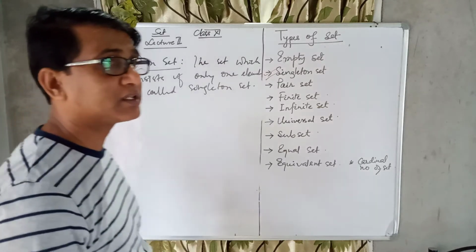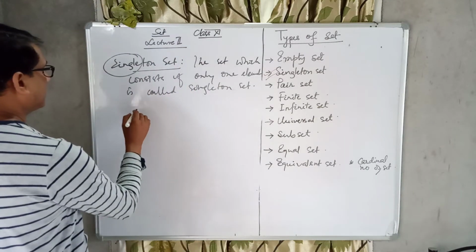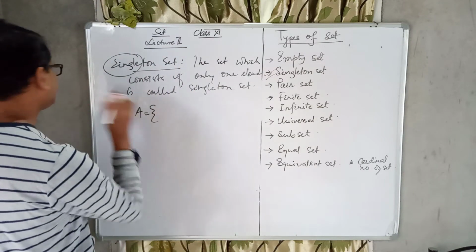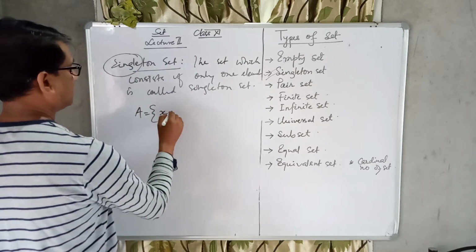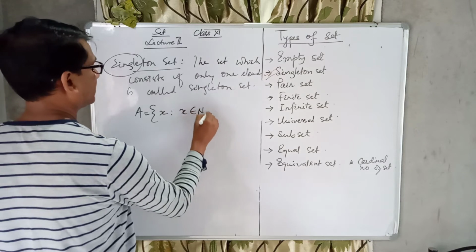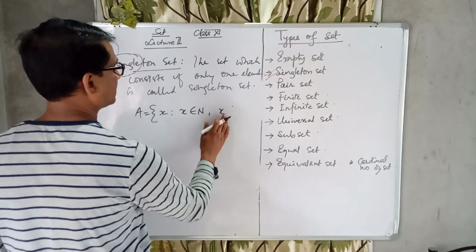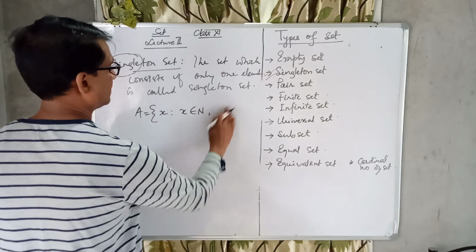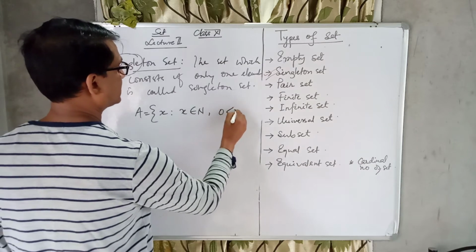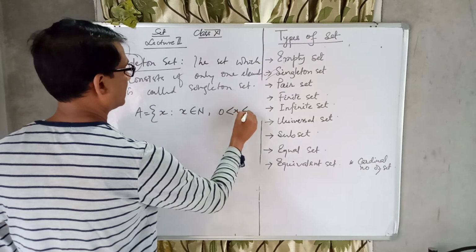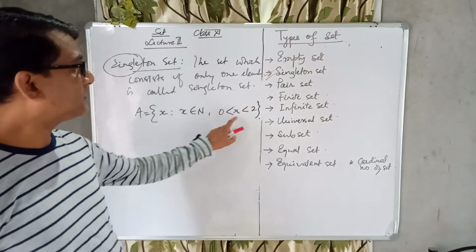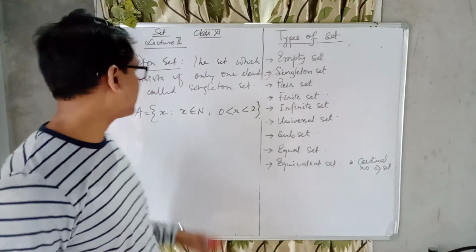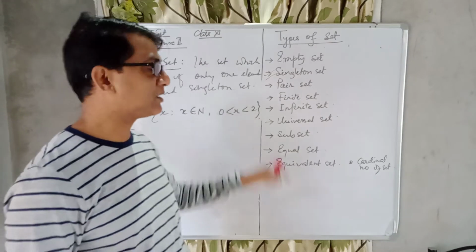As an example, we can take A equals x such that x belongs to N, 0 less than x less than 2.